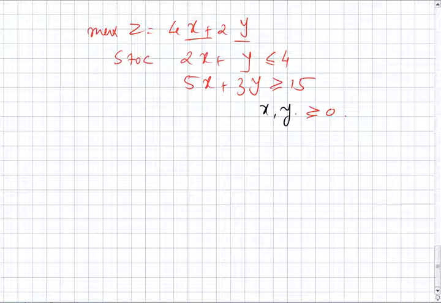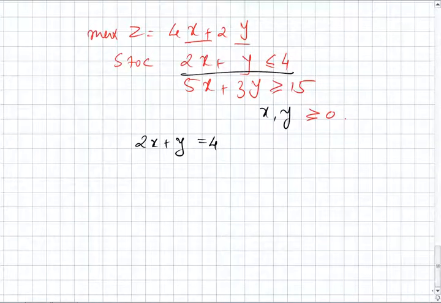To get that, from the first constraint, the line we have is 2x plus y equals 4. So let me draw the xy plane.